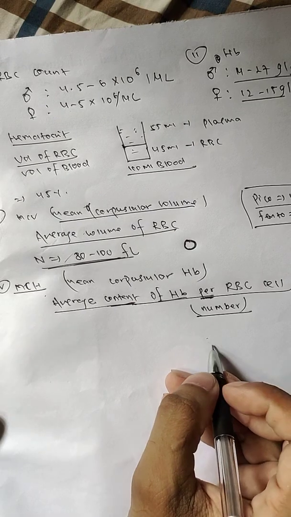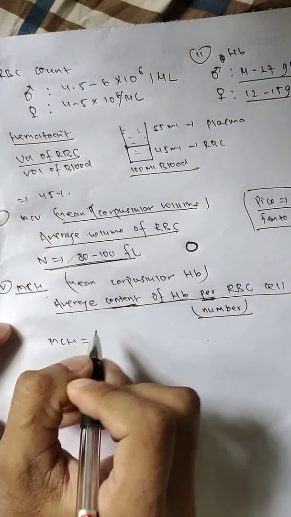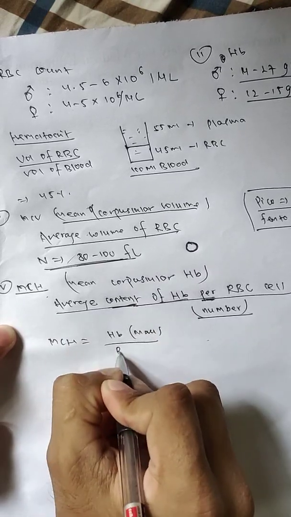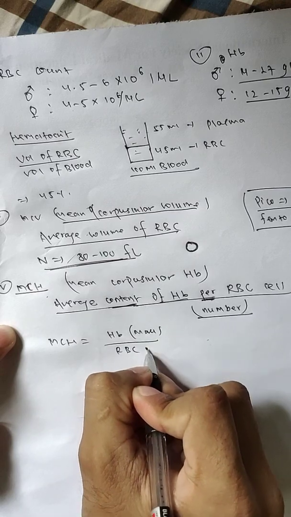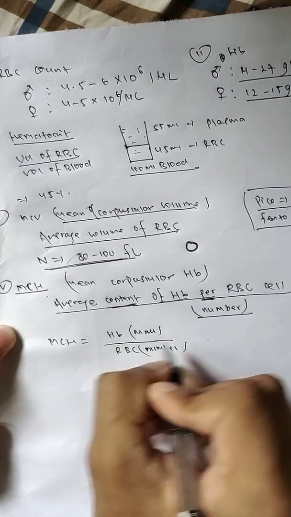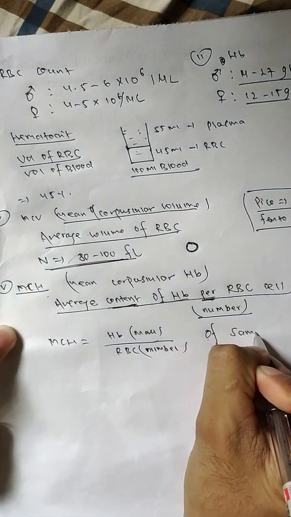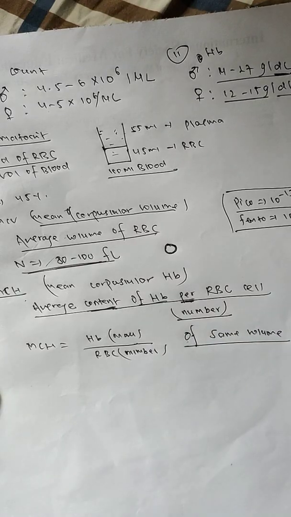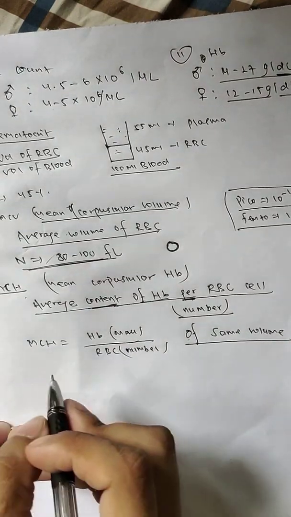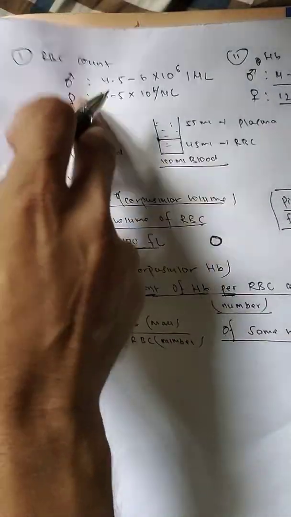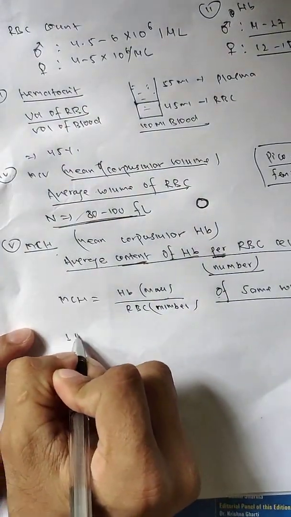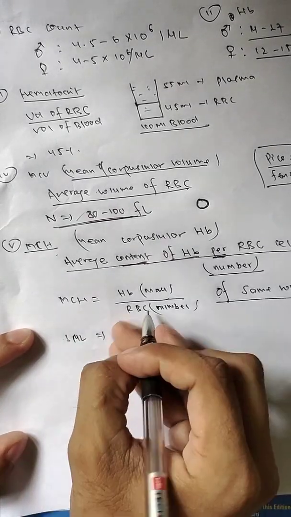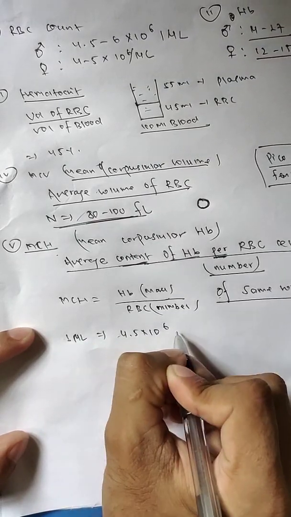So how to derive this? MCH is equal to the hemoglobin mass divided by the RBC number, so it should be of the same volume so that we can derive it. From this data, in 1 microliter of blood there are 4.5 into 10 to the power 6 RBCs.